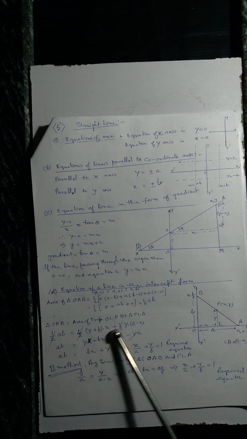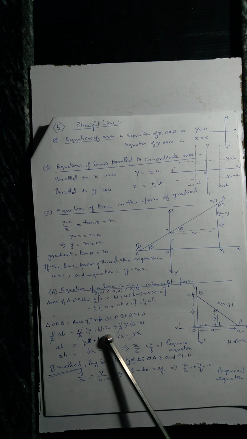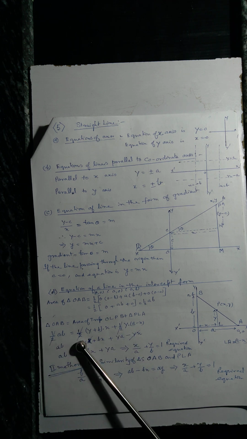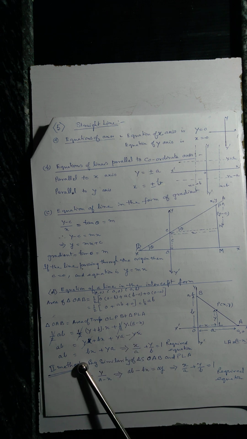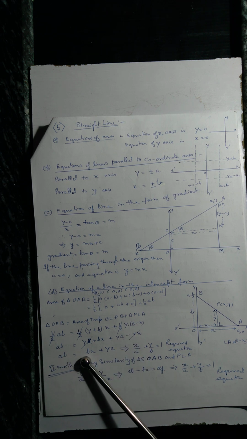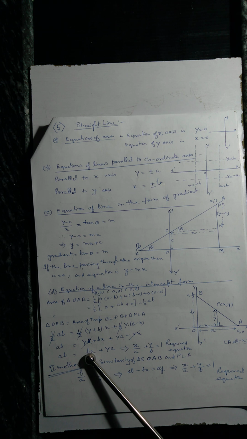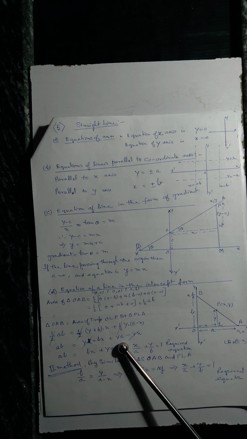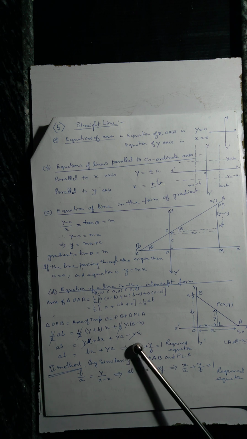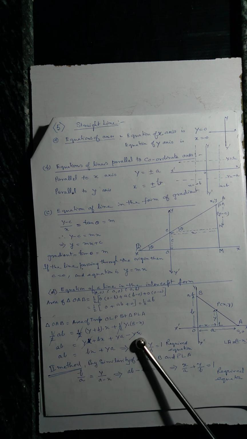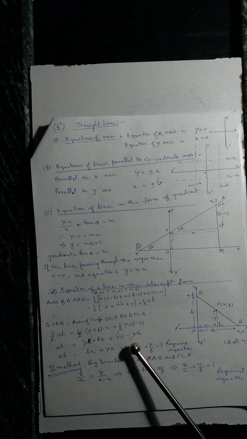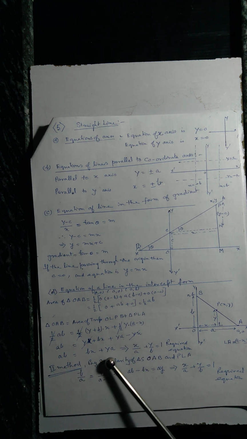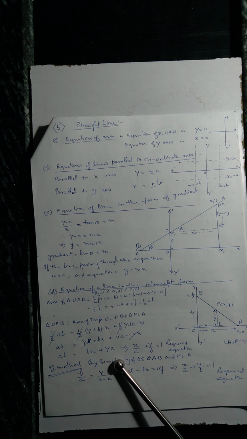So 1 by 2 and 1 by 2 will be cancelled from all the three places, because one is from the left hand side and others are on the right hand side. So you will get ab is equal to yx plus bx plus ya minus yx. So yx and yx will be cancelled because one is positive and other is negative. So ab is equal to bx plus ya.